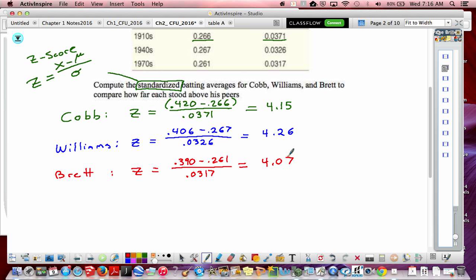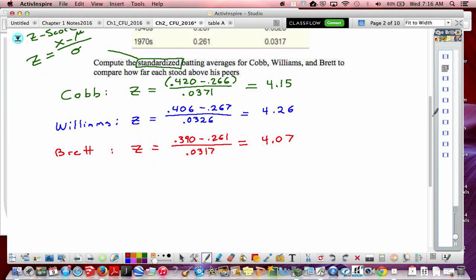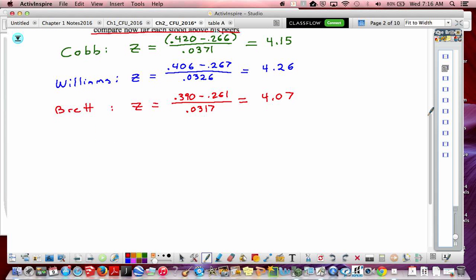So I just want to note and compare. It says compare how far each stood above his peers. I'm just going to write a sentence or two talking about what these numbers tell us. Well, the neat thing here is all of them are at least 4 standard deviations above their peers.